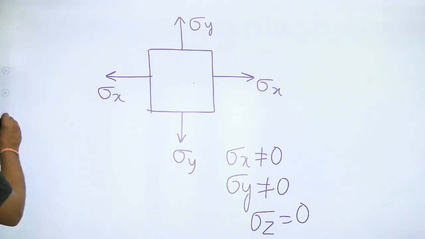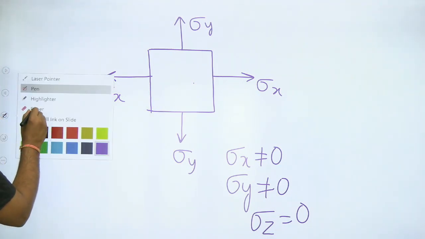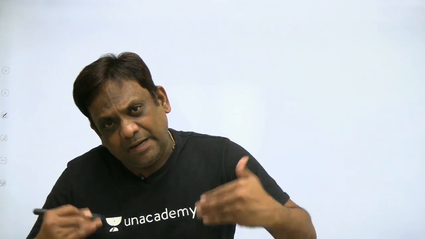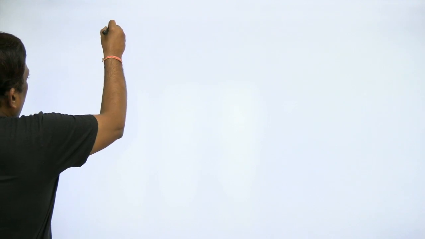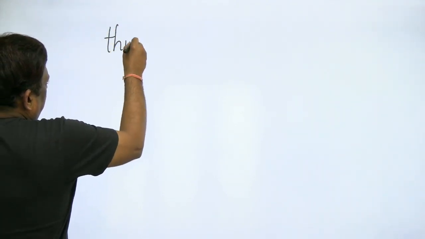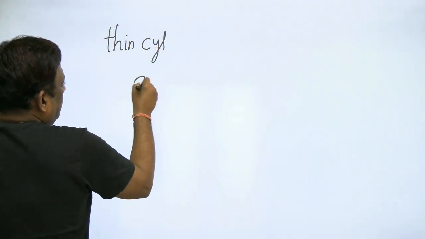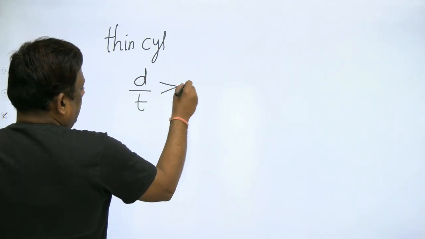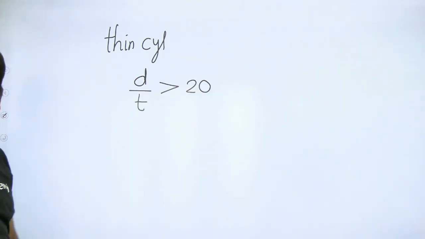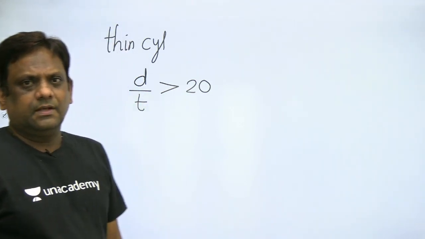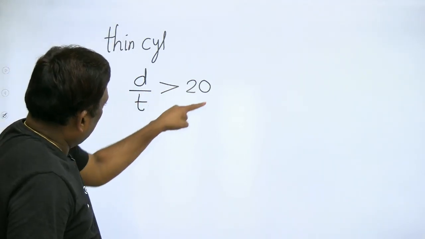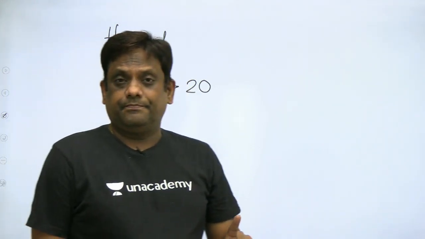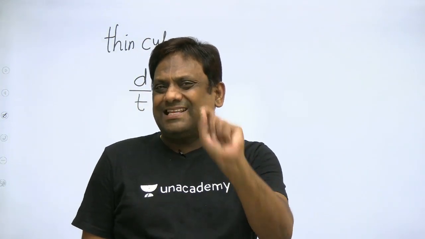If you take a thin cylinder, let's take a thin cylinder with closed ends subjected to internal pressure P. When can I call a cylinder a thin cylinder? The condition is d by t value must be greater than or equal to 20. Then we call it a thin cylinder.